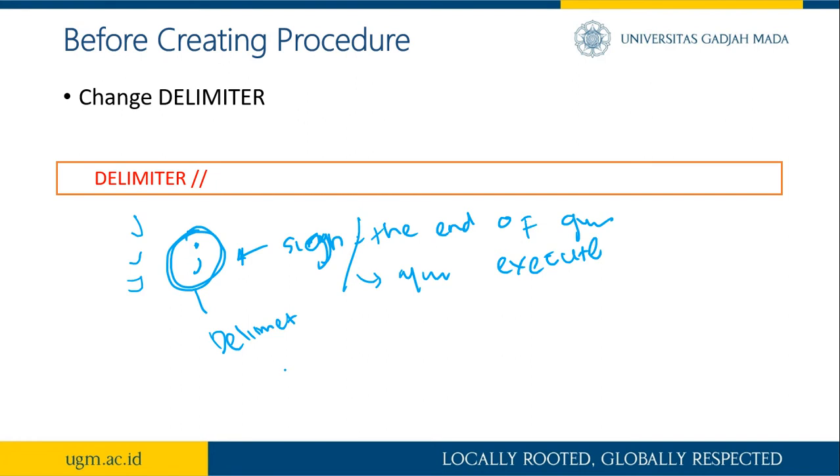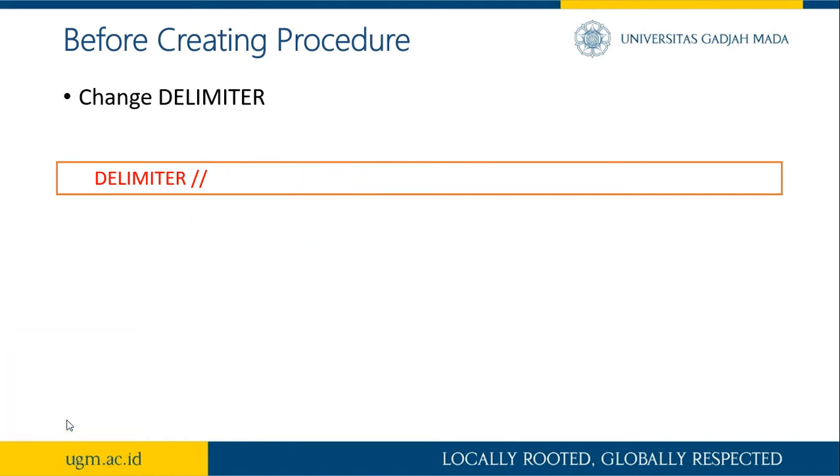Now, before we create a procedure, it is important to change your delimiter into another form, like double slash, or dollars, or anything else. Why? Because when you are creating a procedure, sometimes you write more than one query.